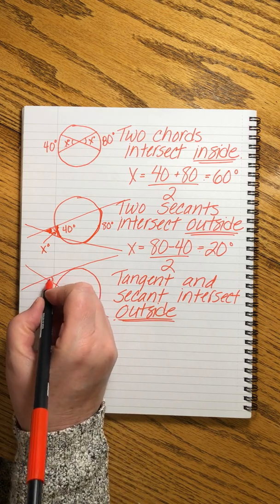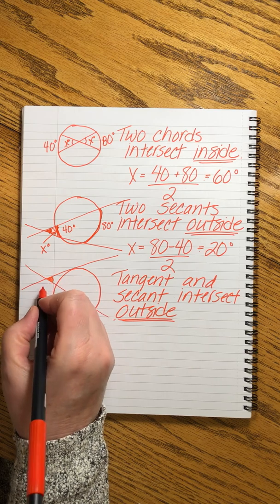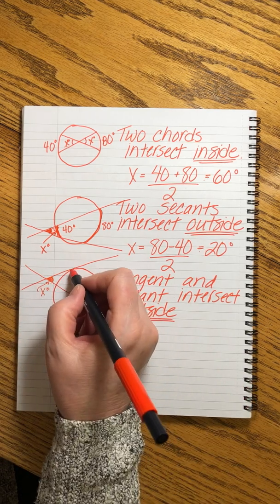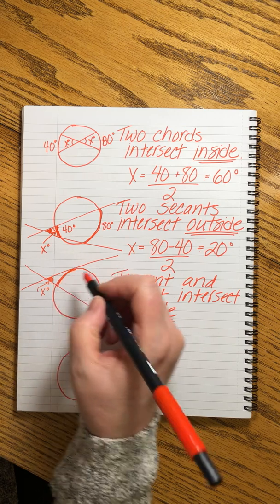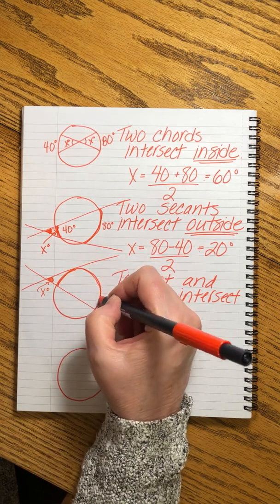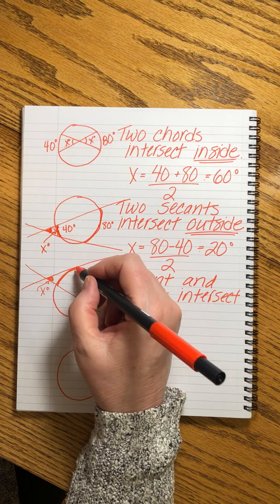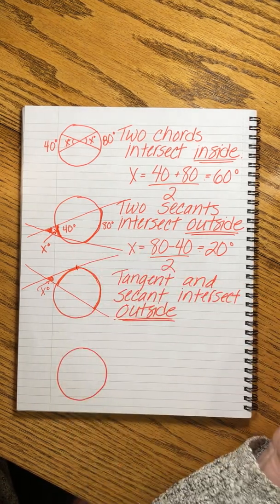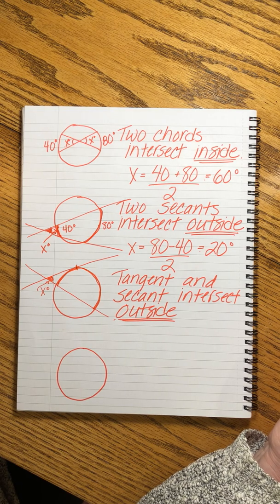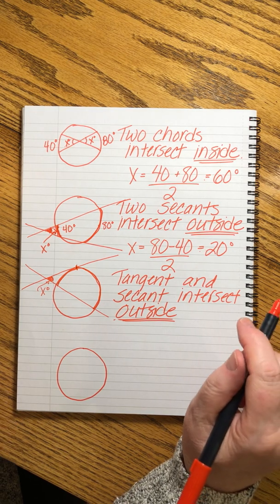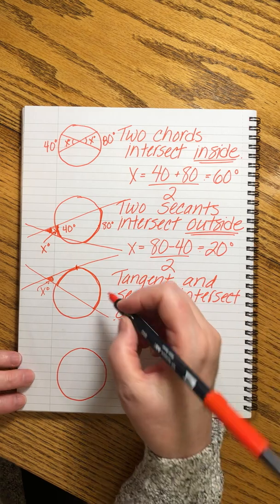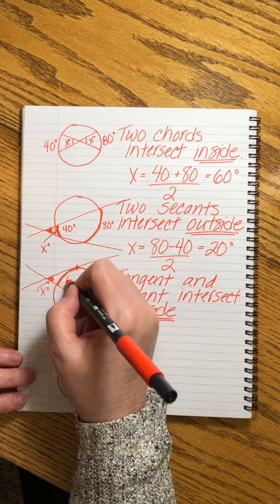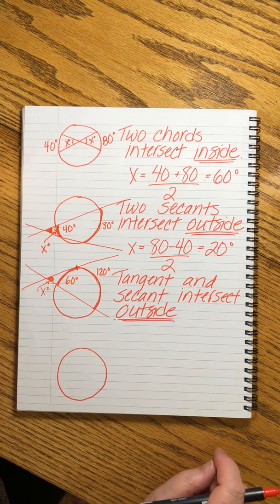Again, we're trying to find this angle. That's our x. And again, we look to our 2 intercepted arcs. We need to know what these are. This is where the tangent touches, that little line. All right, and we are told that this is 120 degrees and this is 60 degrees.